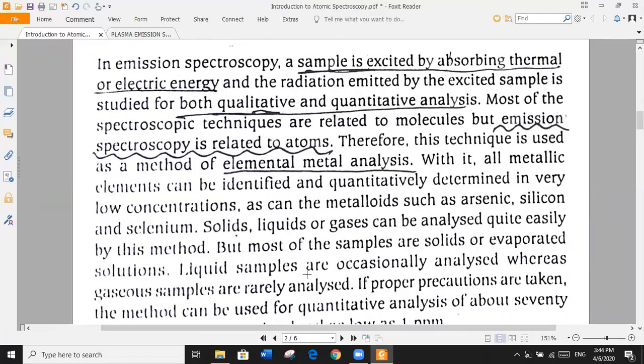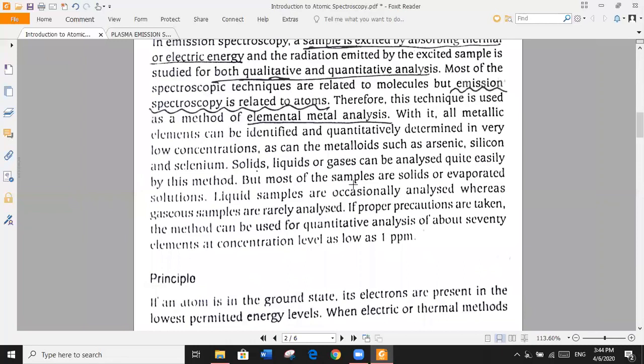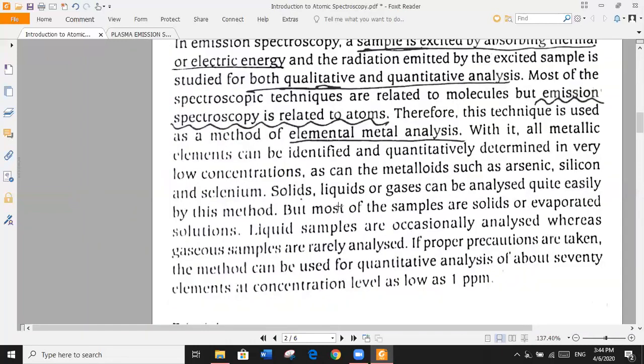Liquid samples are occasionally analyzed, whereas gaseous samples are rarely analyzed. If proper precautions are taken, the method can be used for quantitative analysis of about 70 elements at a concentration level as low as 1 part per million.